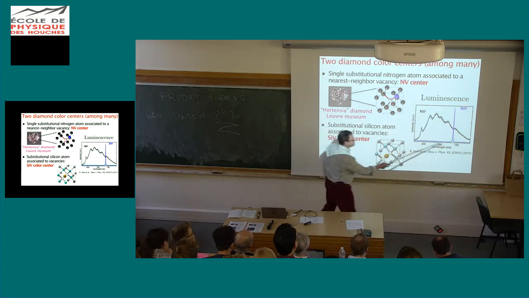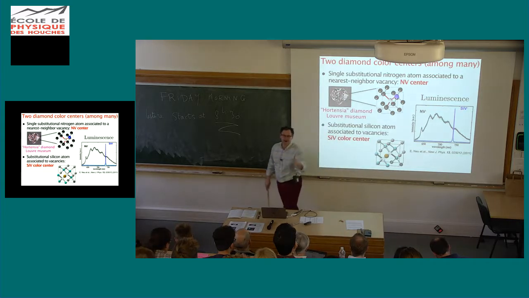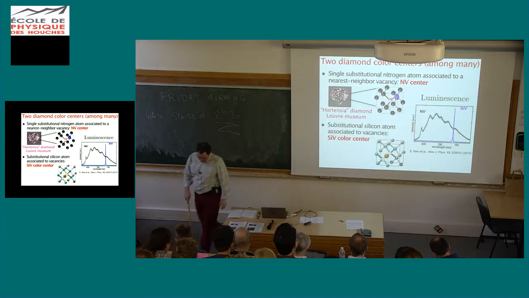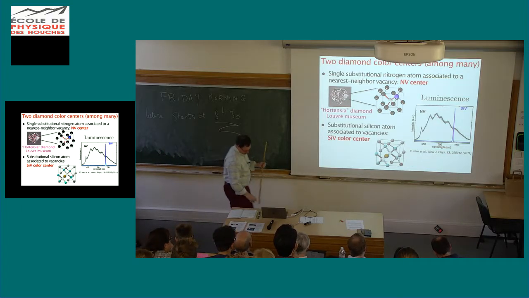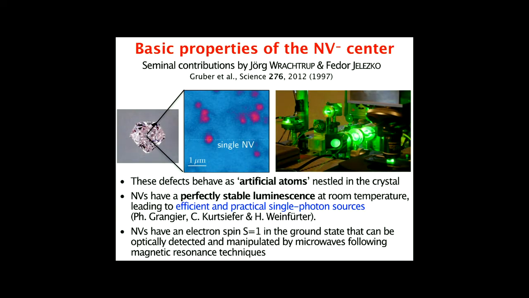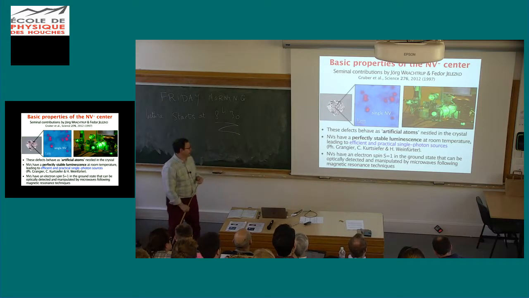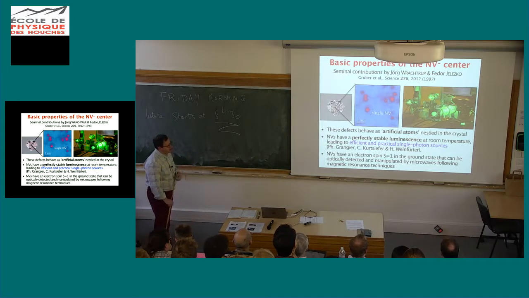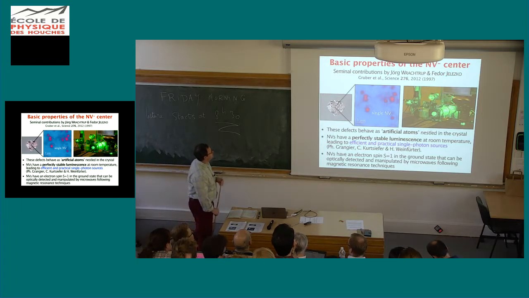And you see that the emission of the silicon vacancy is concentrated on its zero phonon line, within a few nanometers of line width at room temperature. The first part of my talk today will be mostly devoted to how we can describe these defects, focusing more on the NV centers, and tomorrow I will extend that to the silicon vacancy.